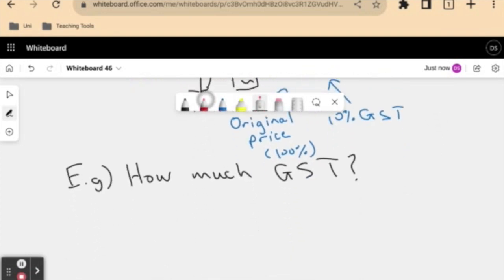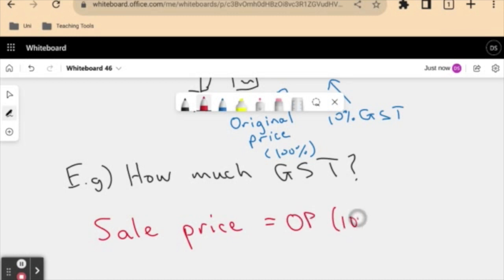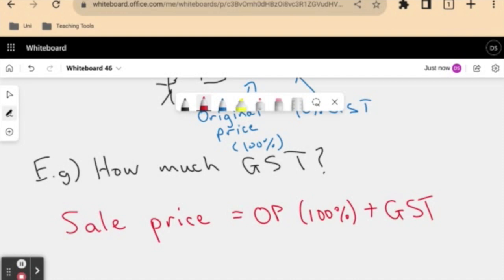So I'm going to write here that the sale price is made up of our original price, I'll write that as OP, 100%, plus the GST, which is calculated and already factored into this price, at least in Australia, where I'm from.